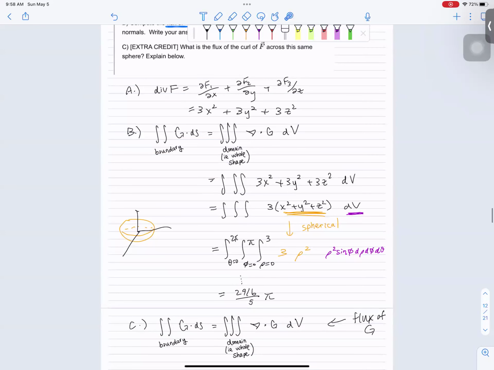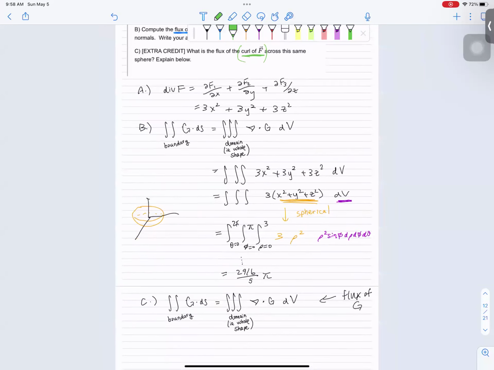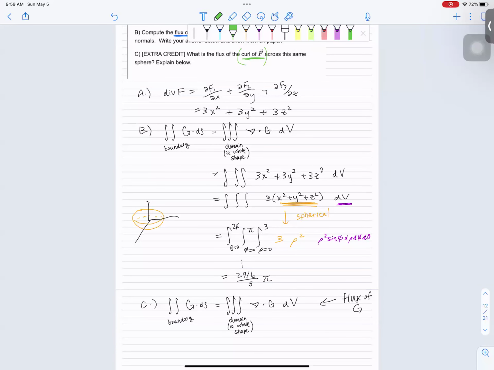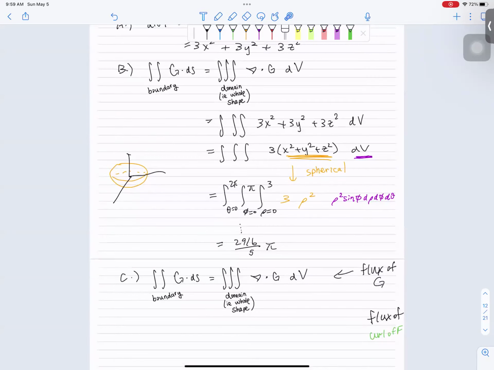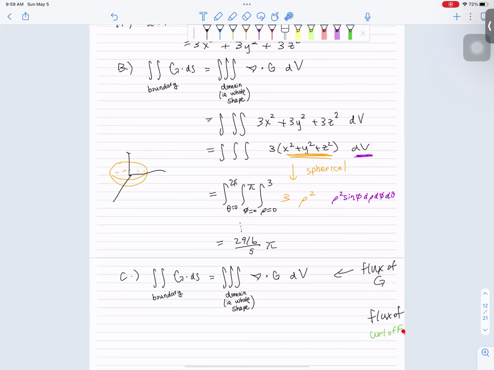Part C is asking for the flux of the curl of F. So they are saying that this G is now the curl of F.